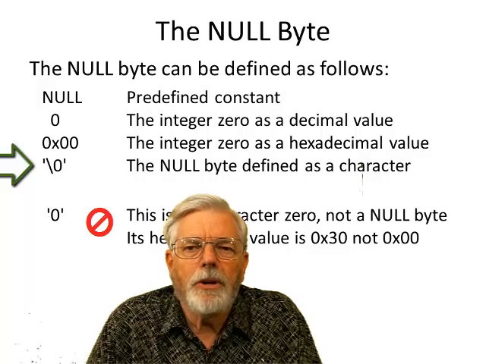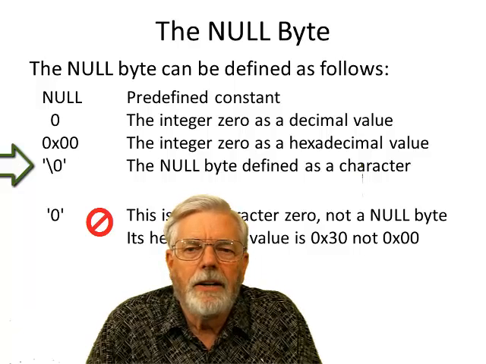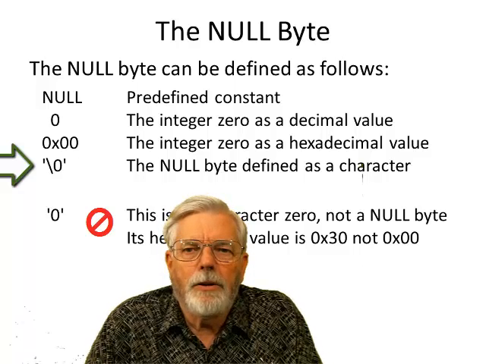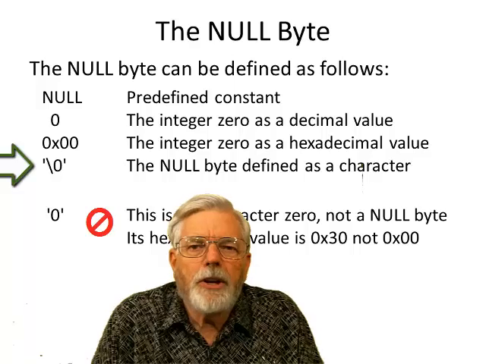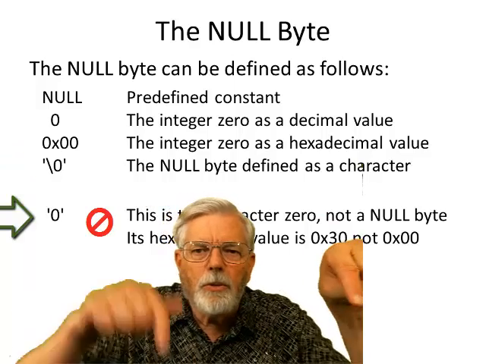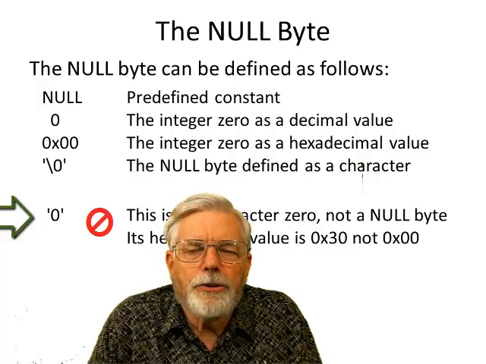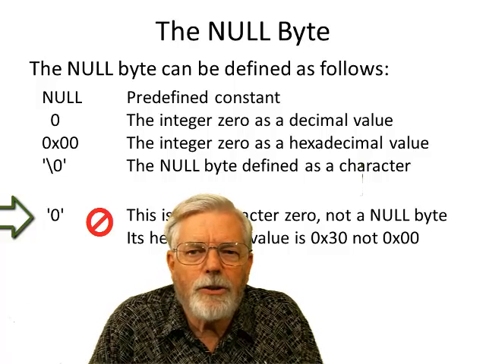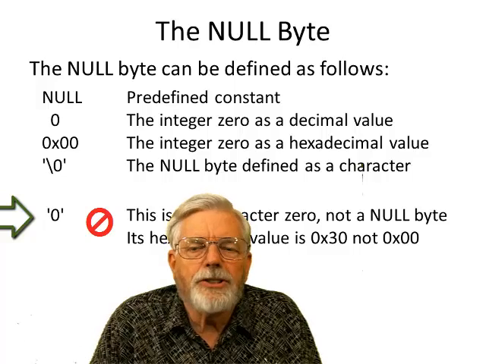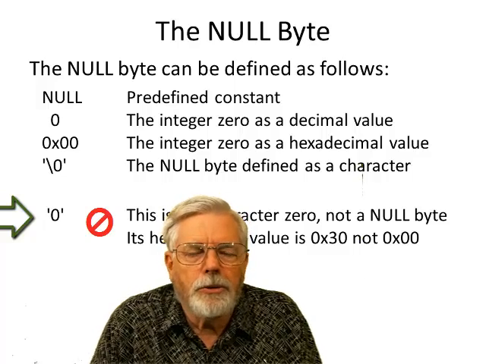So it'd be quote, backslash 0, quote. So I'm specifying that I'm creating a numeric value of 0. You have to watch out, because if you use a single quote, 0, single quote, that's going to give you character 0 out of the ASCII character set, which is hexadecimal 30. It's not a 0.